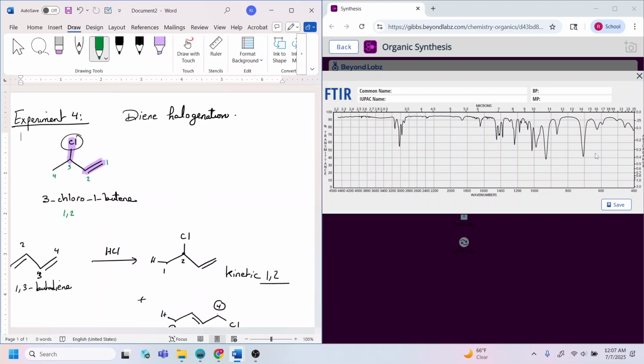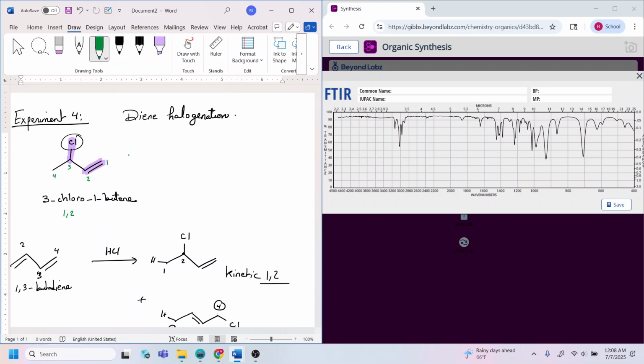So moving from left to right, I am looking for the alkene. Alkenes normally should show at around 1,100 centimeter to the -1. So it's this one over here.